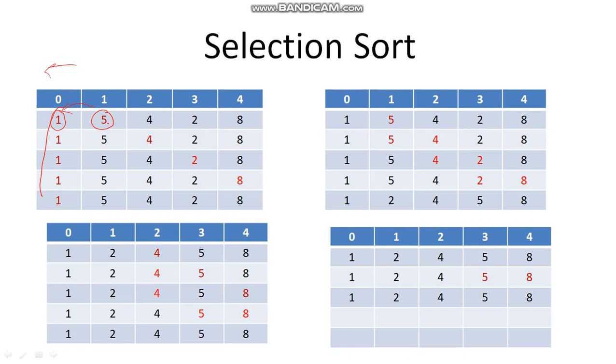Since 5 is not smaller, it will be kept as it is. Then in the next step, 1 will be compared with the next element. In the third step, whichever is smaller will come at this location, and in the next step 1 will be compared with 8. Whichever is smallest, the swapping will be done.